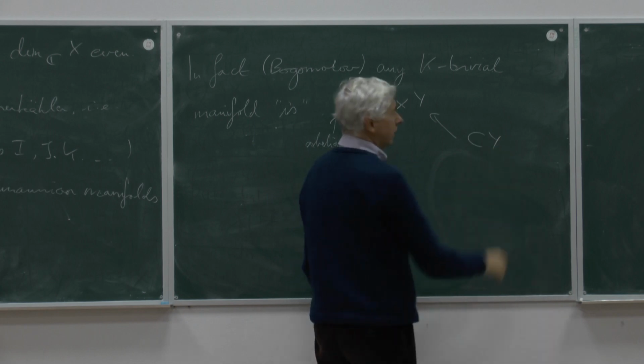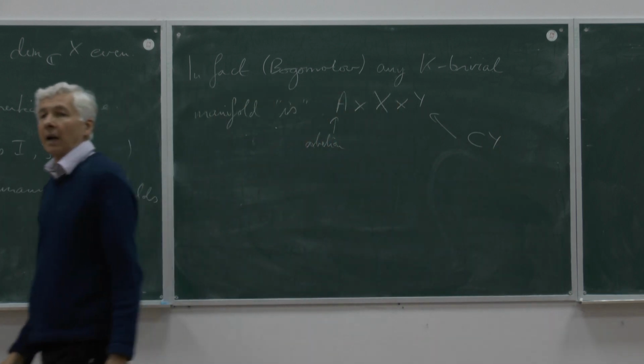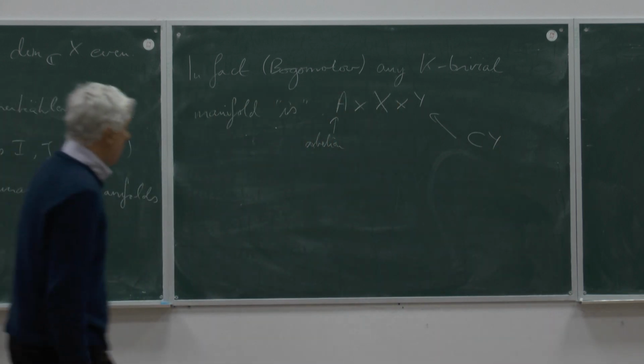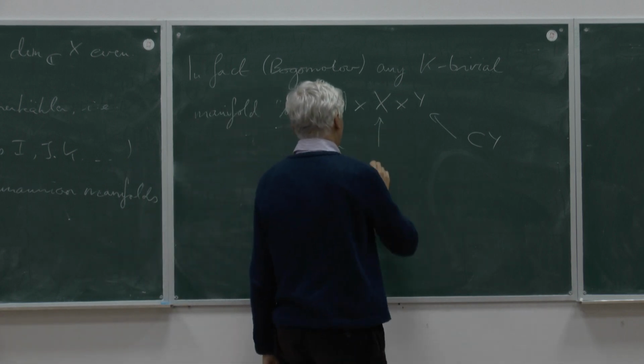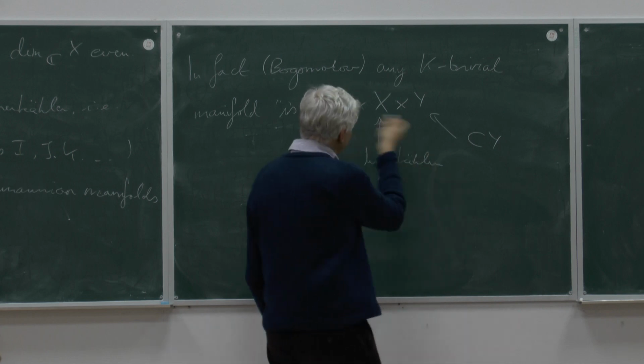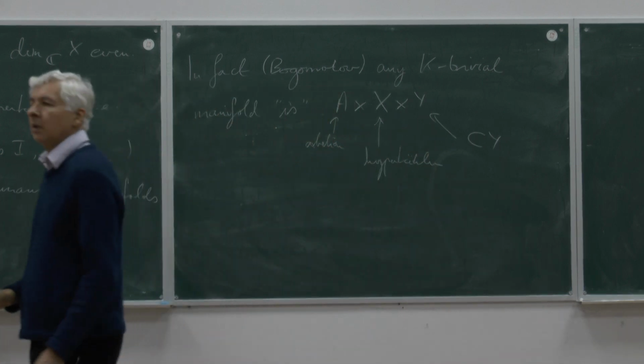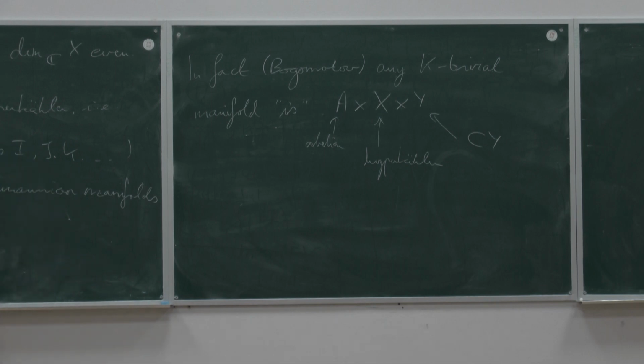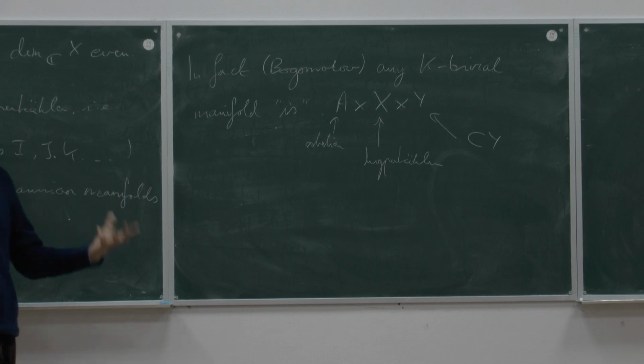Y is a genuine Calabi-Yau. And X here is one of these. And by "is" I mean is up to, say, some finite covers.